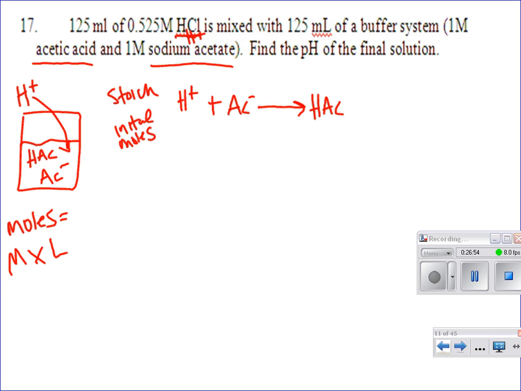There are a lot of people out there who work in millimoles and choose to not convert that mL to liters and just find millimoles. I don't like that. I'd rather just multiply molarity, the 0.525, times the 0.125 to get moles. So let's go ahead and do that. For H plus, 0.525 times 0.125 is what?